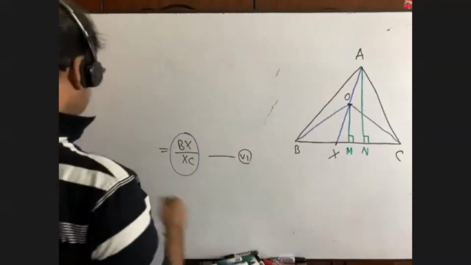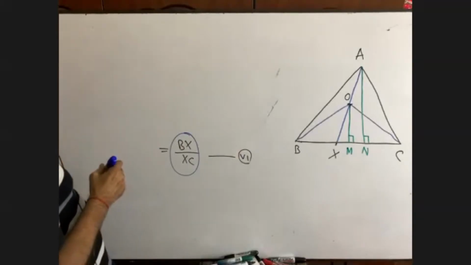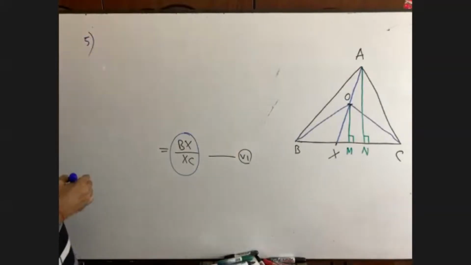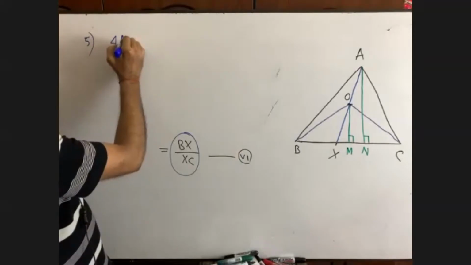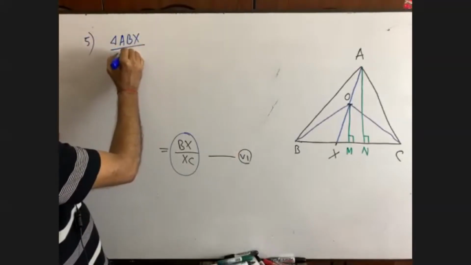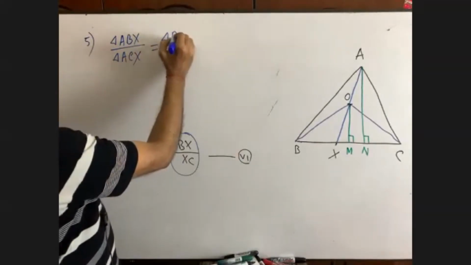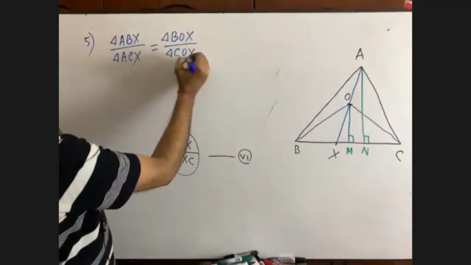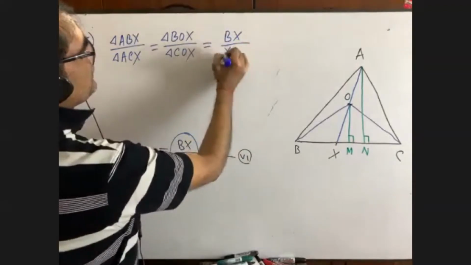So we can write down what should be our step number 5, right? So we can write here triangle ABX by triangle ACX, triangle BOX by triangle COX is equal to BX by XC, right?